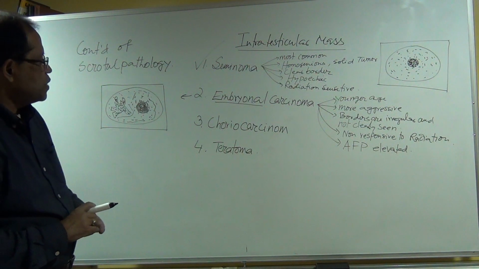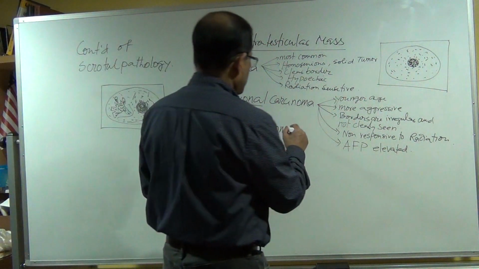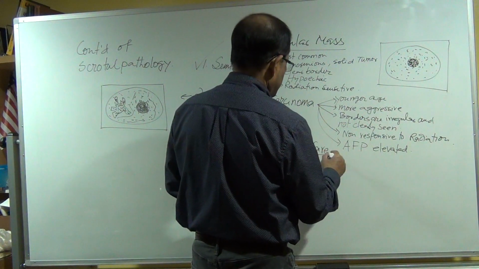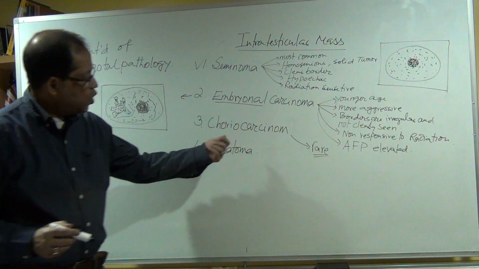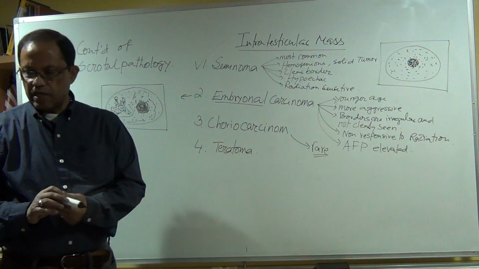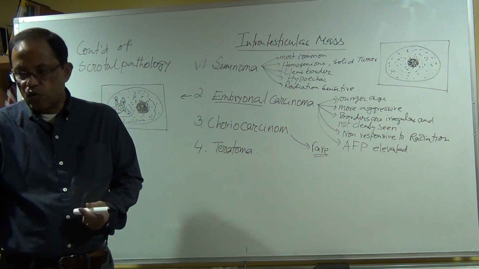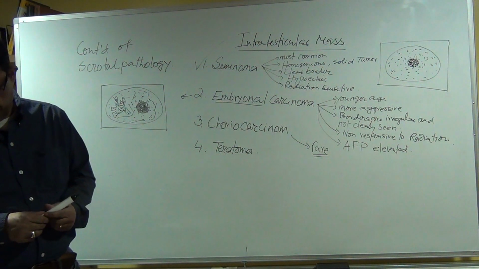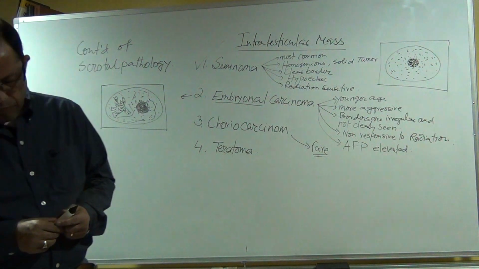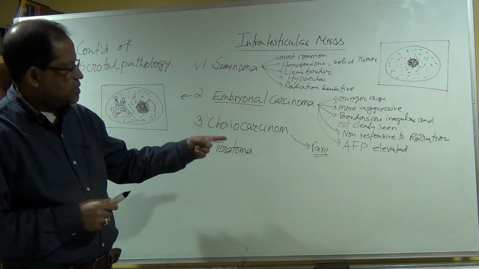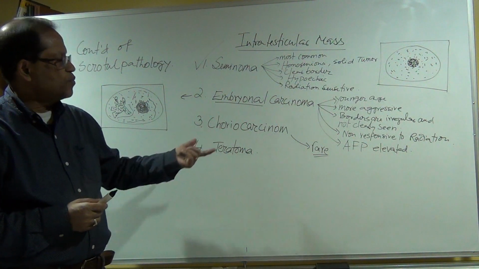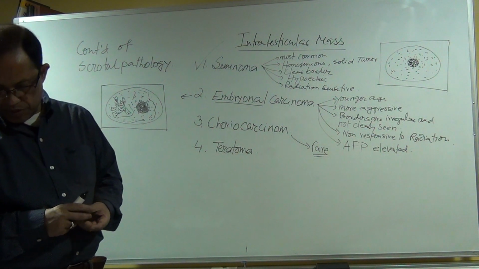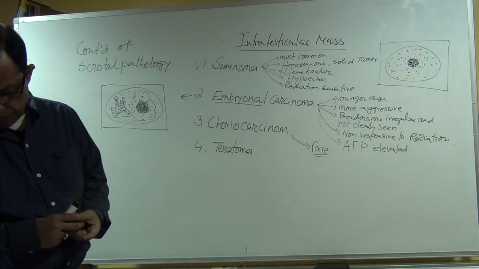Now, choriocarcinoma. Choriocarcinoma is a rare type. Choriocarcinoma is the same tissue called placental tissue. Usually mixed histology, the pure form is very rare. Mixed tissue, you will see multiple different types of tissue.